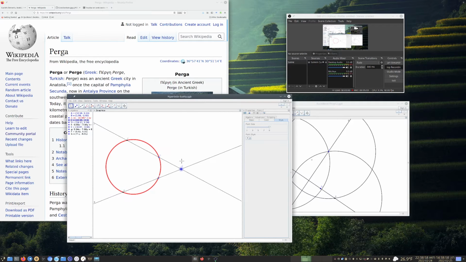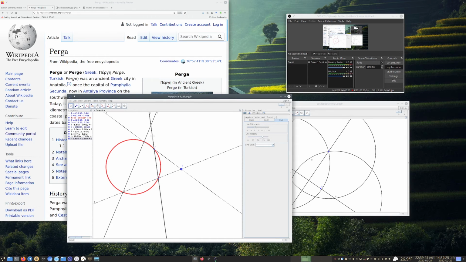What is important is, right. Okay, so these dashed lines are important. But what's more important is where these lines meet.